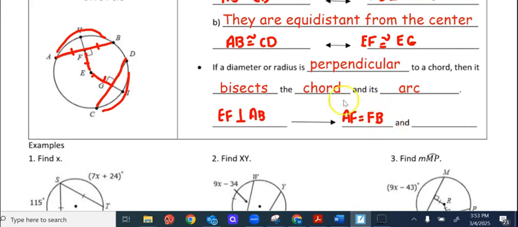And you also know that the measure of arc AH also equals the measure of arc HB, because the arcs got bisected as well. So the arcs get bisected and the chord gets bisected if a radius or a diameter is perpendicular to the chord.